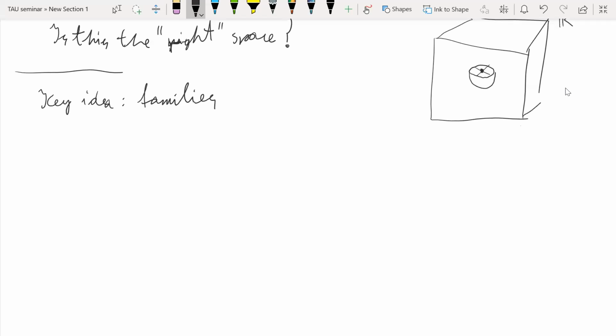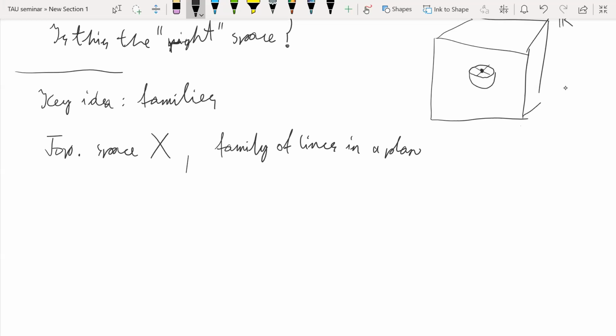And since I'm working with topological spaces, I would take some topological space X, and instead of considering a single line through the origin, I say that a family of lines in a plane over X is a closed subspace of X cross R squared.